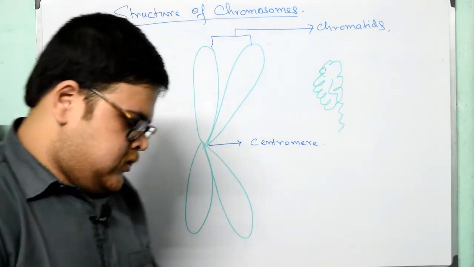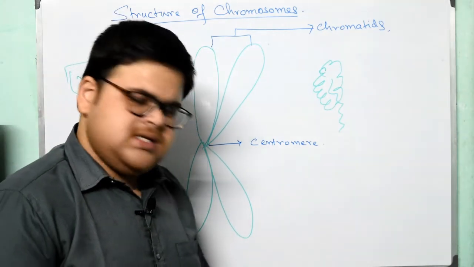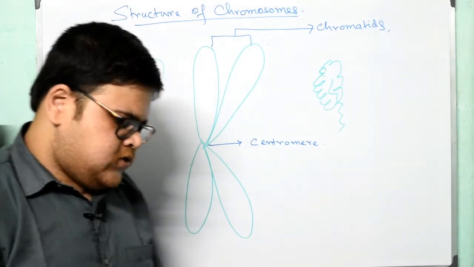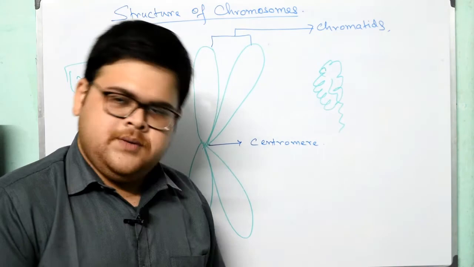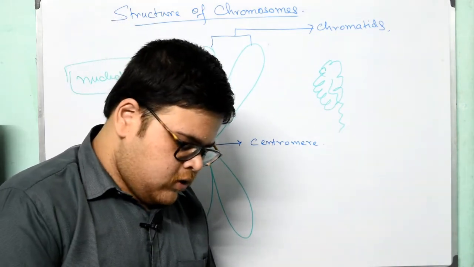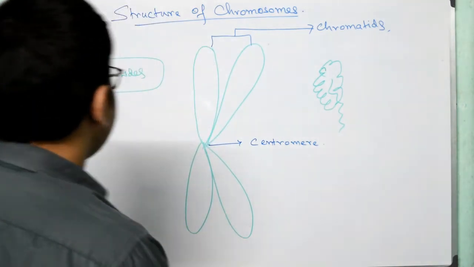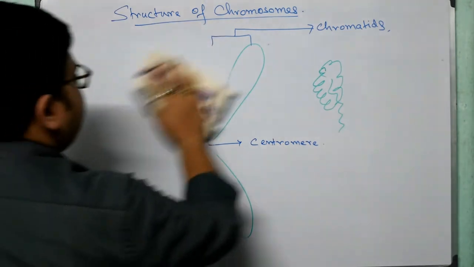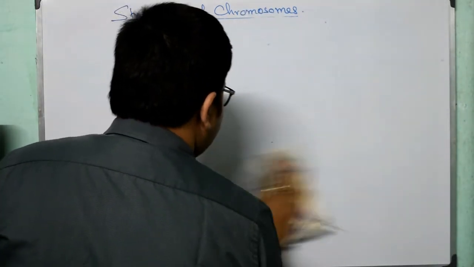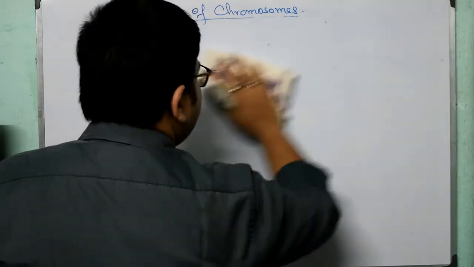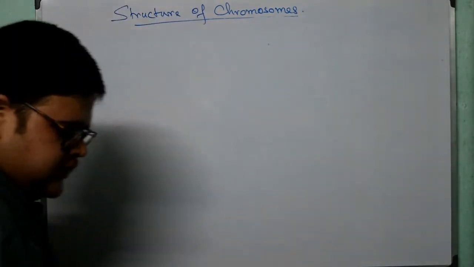Okay, so what is the need for new cells? We all know that it is already written in your book: for growth, for replacement, for repair, for reproduction. One part I will explain a bit more, that is reproduction. We will also go through this later in the chapter.